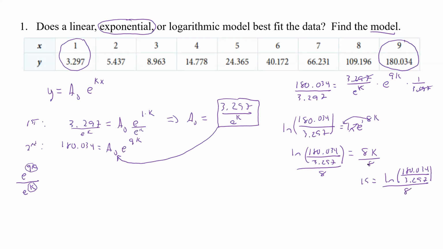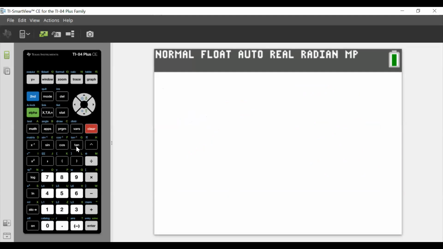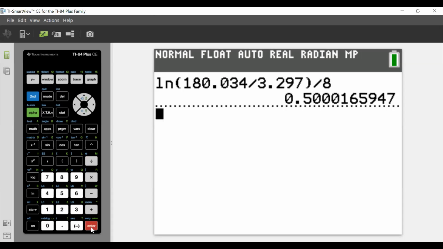All right, so now what are we going to do? Well, now I'm going to go ahead and figure out what that is. Let's do that in my calculator here, because I don't want to keep writing that down. So that was ln of 180.034 divided by 3.297, and then that whole thing divided by 8.